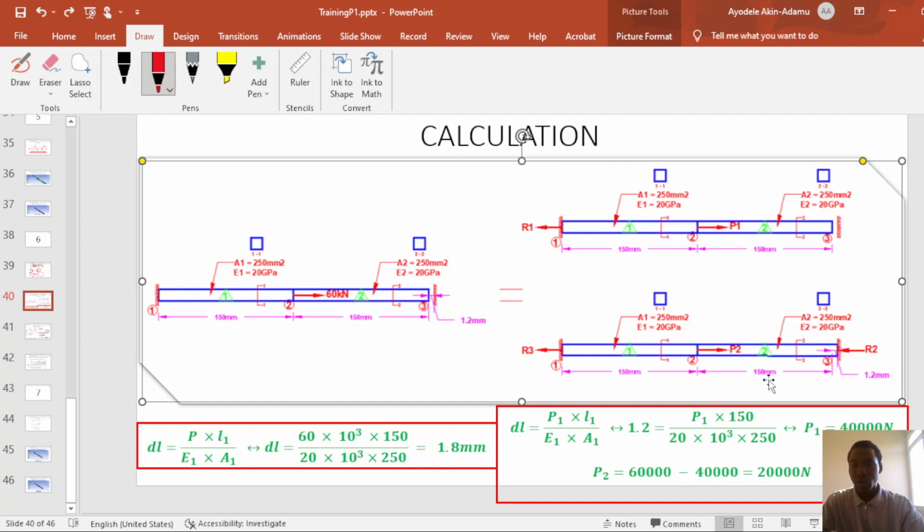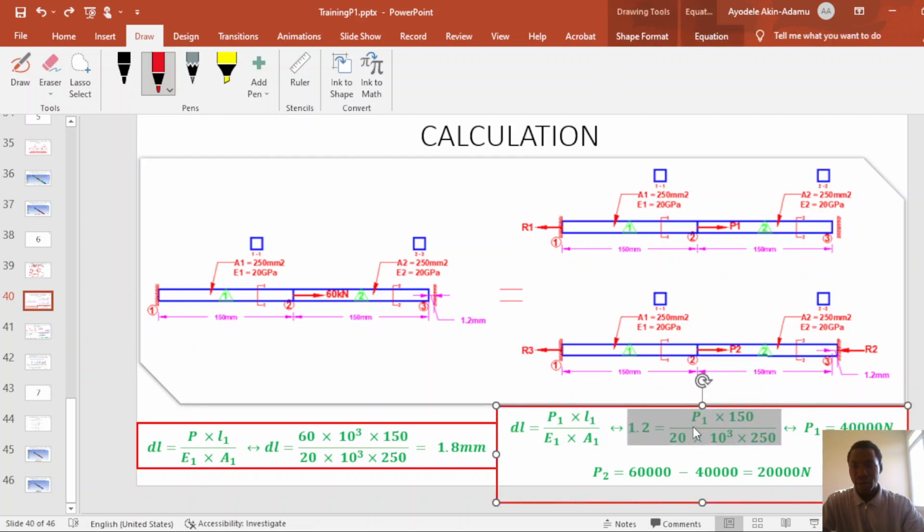So we can use the elongation formula here to get the value of P1. 1.2 mm is equal to P1, which is what we're looking for, multiplied by 150, which is the length of finite element 1, divided by the Young modulus times the cross-sectional area. So if we compute P1, we get 40,000 Newton, which is 40 kilonewton.